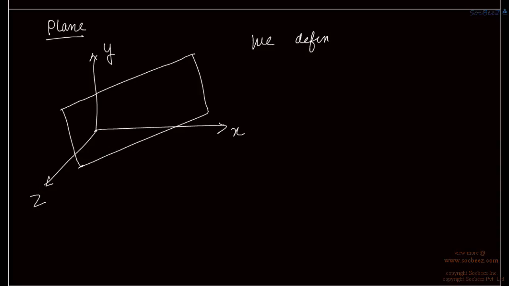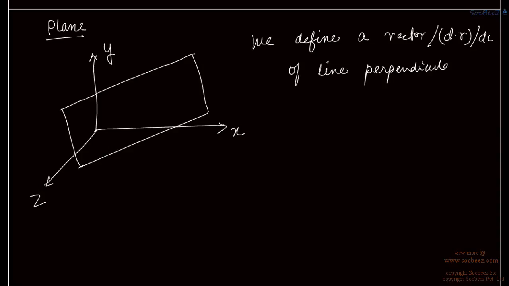So we define a vector or direction ratio or direction cosine, okay, of line perpendicular to plane. Say that vector is n vector.